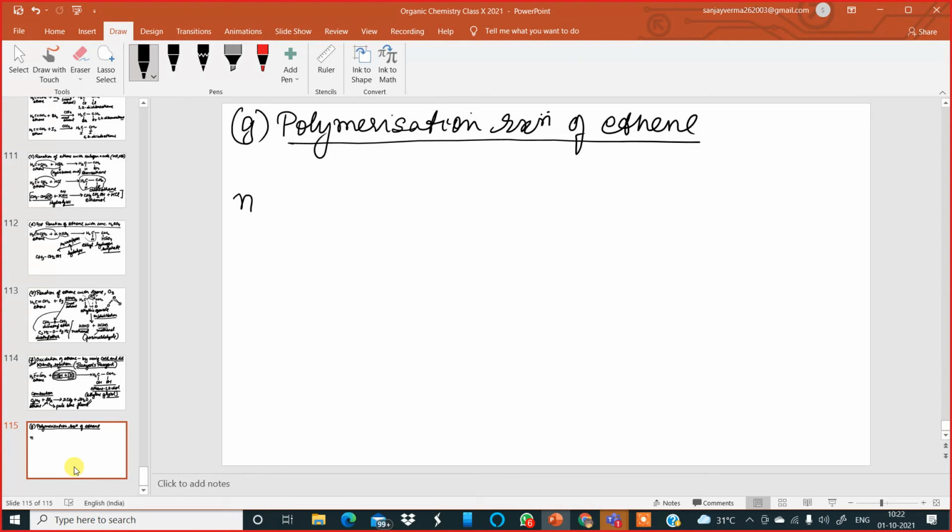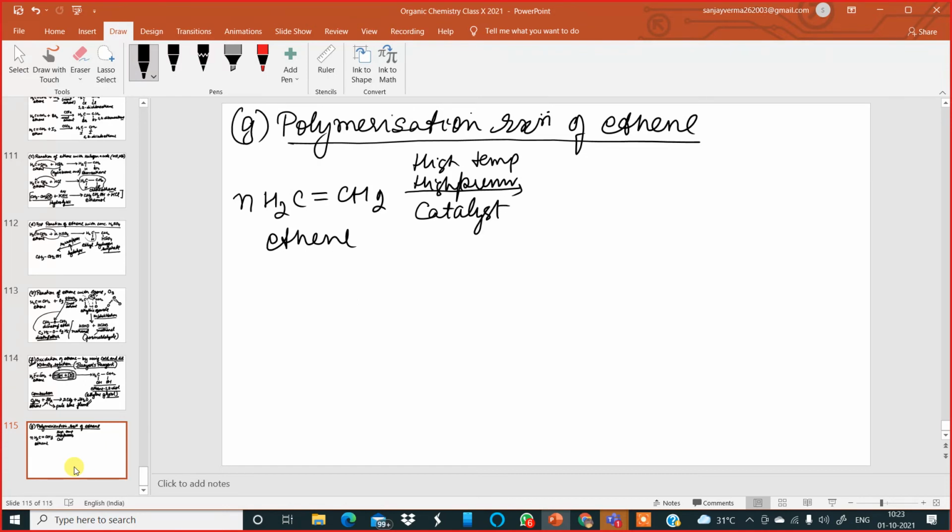If I take n molecules of ethene, H2C=CH2, and I subject it to high temperature and high pressure in the presence of a suitable catalyst, like maybe hydrofluoric acid or sulfuric acid, then these n molecules of ethene will polymerize. But to polymerize, the double bond must be broken into a single bond.